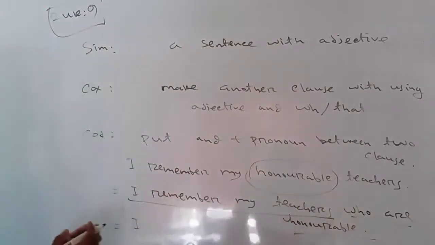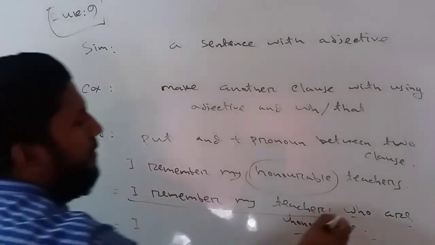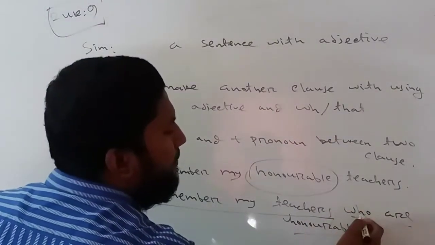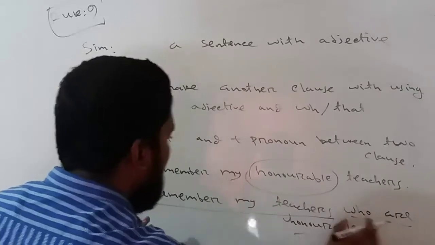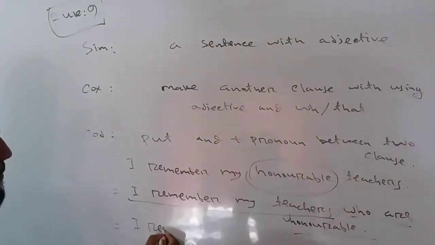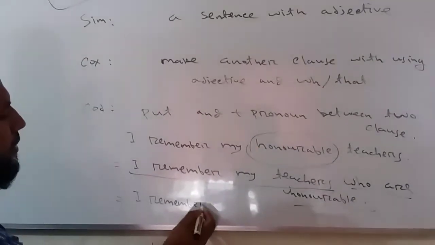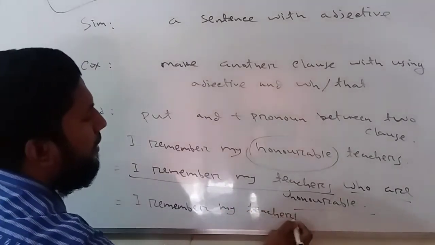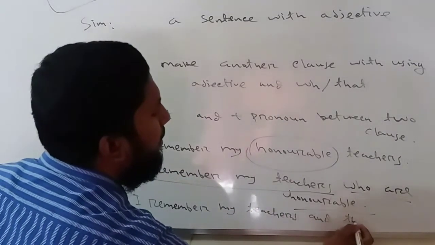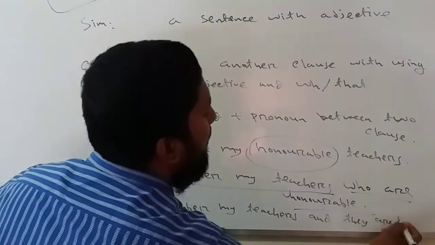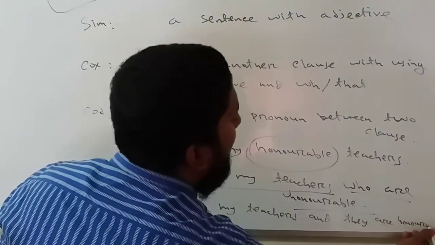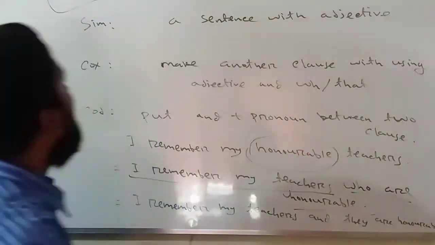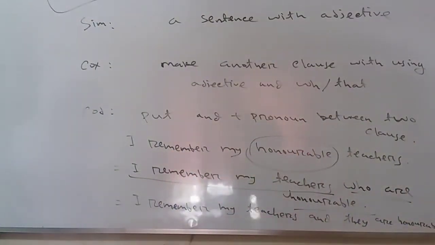Now we will have to use and plus pronoun instead of who, between the two clauses. So the answer is: I remember my teachers and they are honorable. I think you have understood.